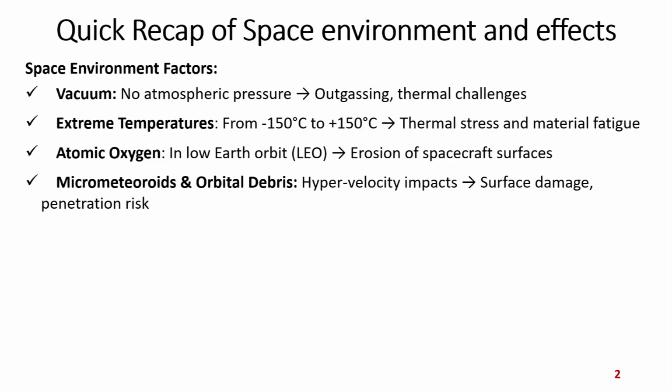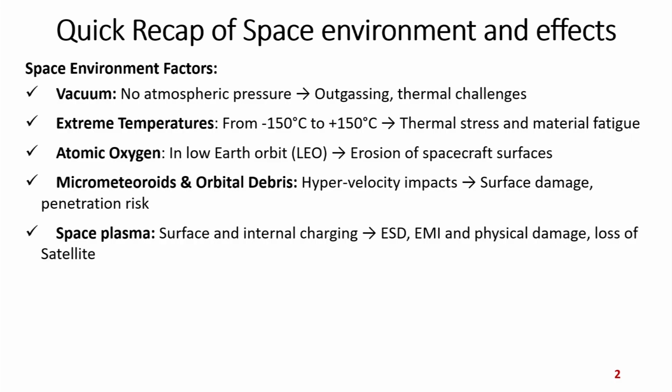Then we have seen the hypervelocity impacts of micrometeorites or orbital debris, which can cause surface damage and penetration risk. Then we discussed the plasma environment, whose main effect is spacecraft charging, which is surface charging and internal charging.